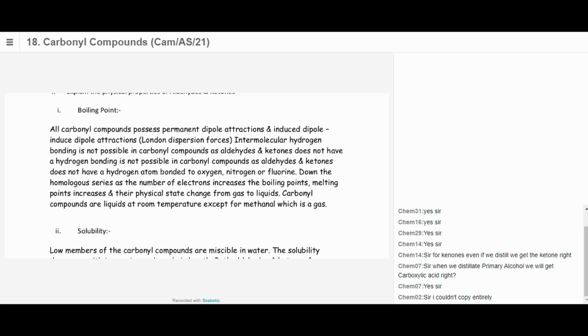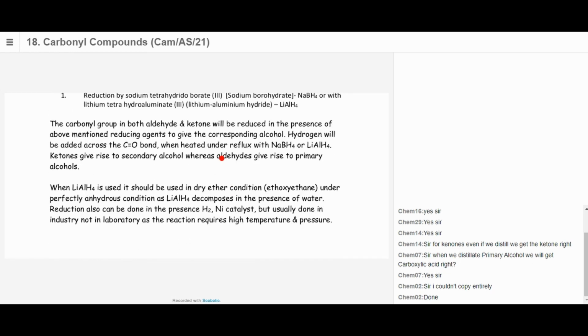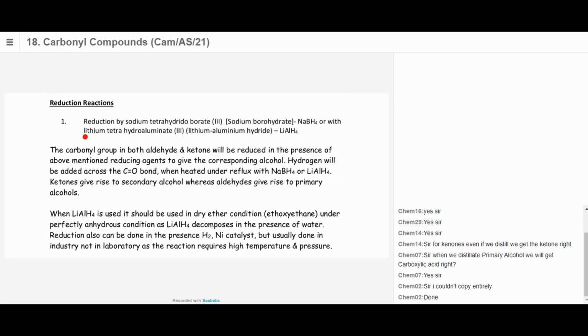Now, as oxidation requires strong oxidizing agents, reduction also requires strong reducing agents. There are two reducing agents we can use. We can use lithium tetrahydroaluminate, LiAlH4, or sodium borohydride.